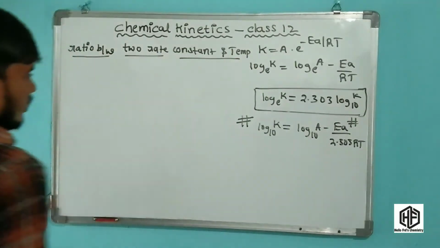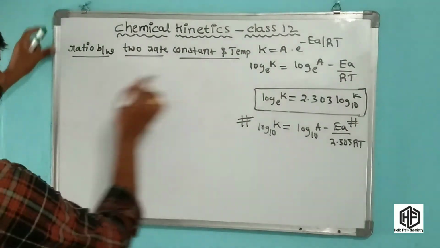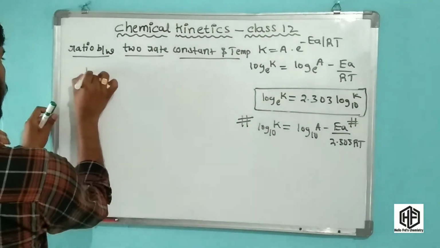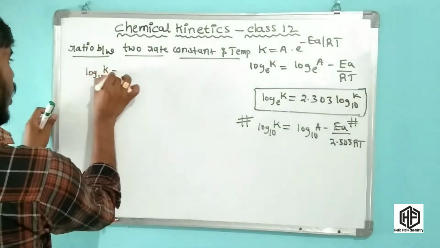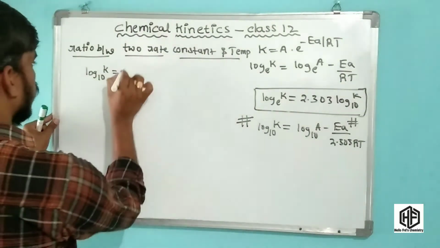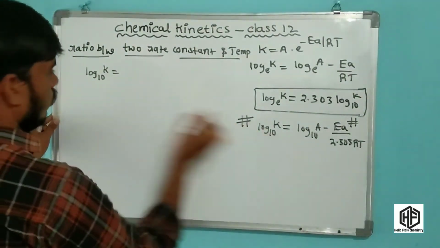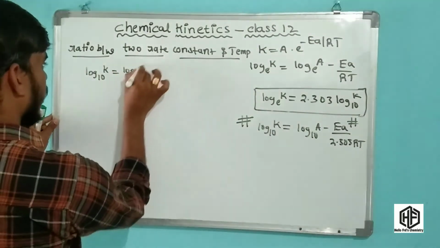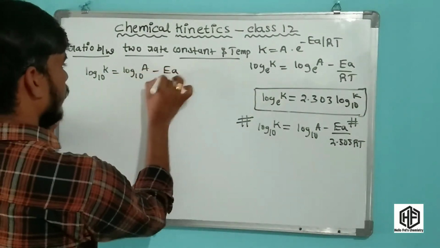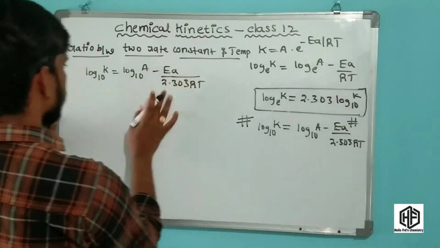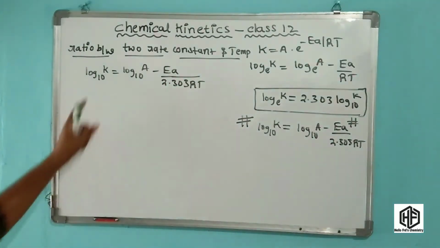Two rate constants versus temperature. First of all, the Arrhenius equation in terms of log base 10 is log base 10 k equal to log base 10 A minus Ea by 2.303 RT.